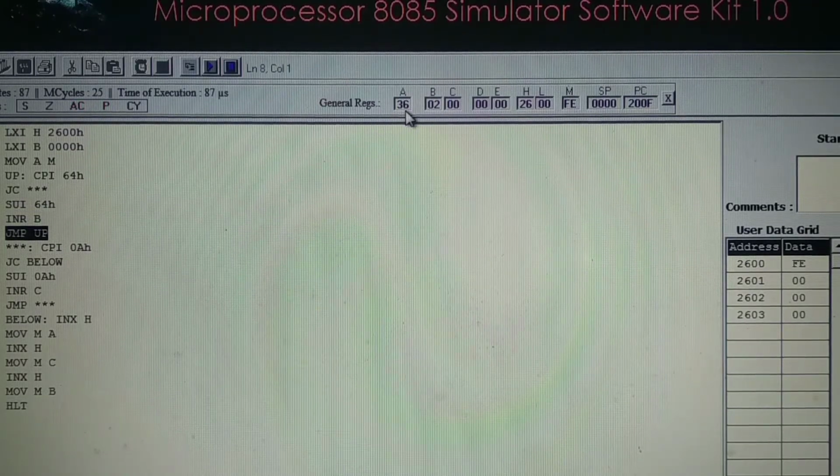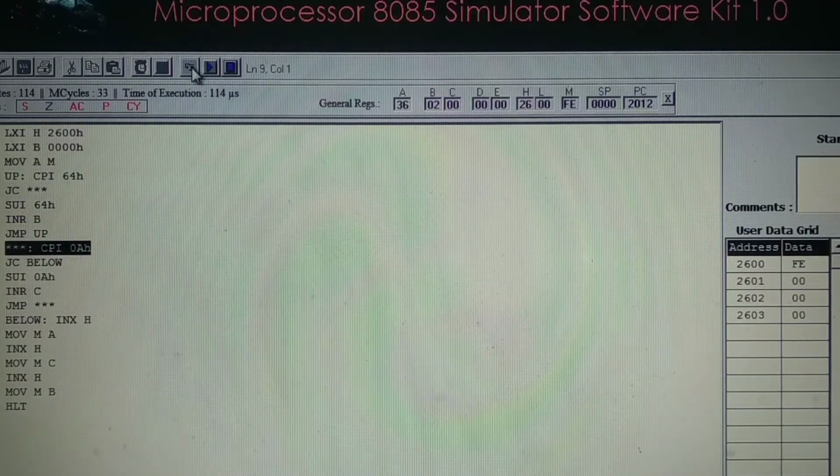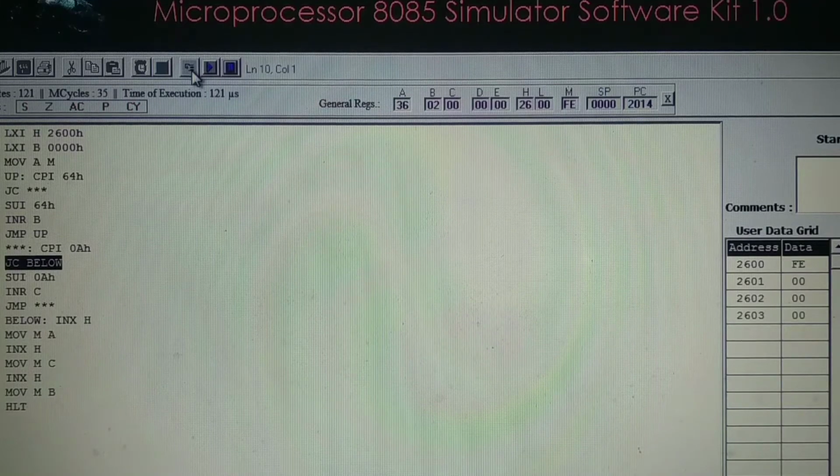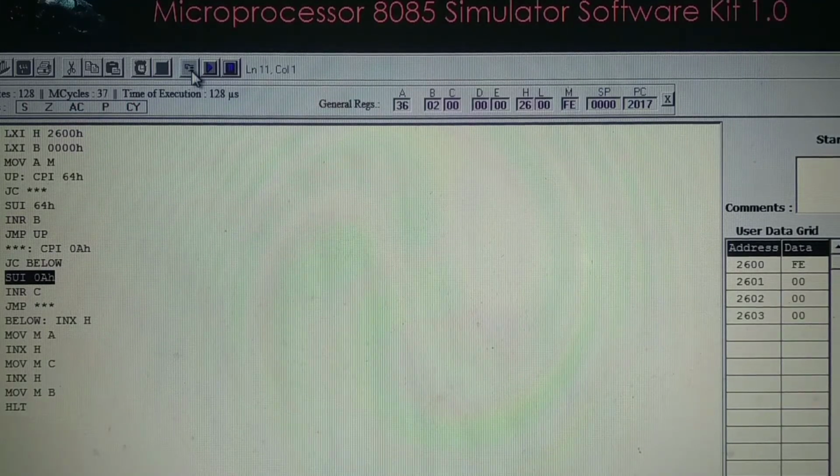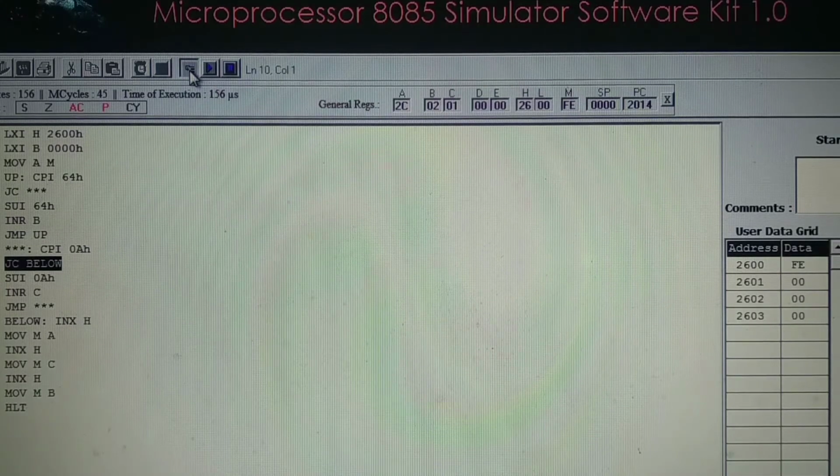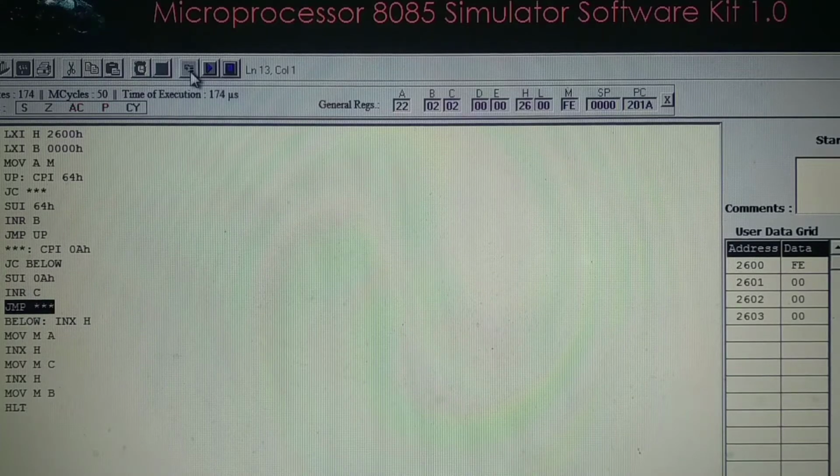Here the number is less than 64, therefore it will go to the next step. It is compared with A. As the number is greater, A is subtracted and C gets incremented. This takes place till the content of accumulator becomes less than A.